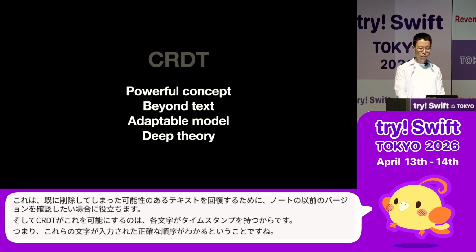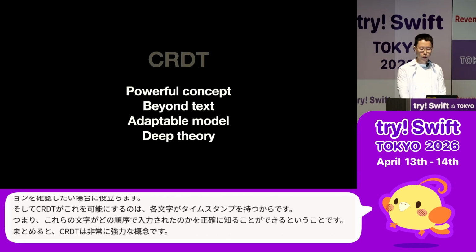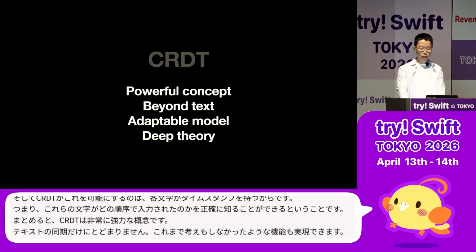So to wrap up, CRDT is a very powerful concept. It's not just for syncing text. It can enable features you may not have thought about before. It also goes beyond text. The same idea can be applied to many types of data, not just characters, but images and other structures as well.